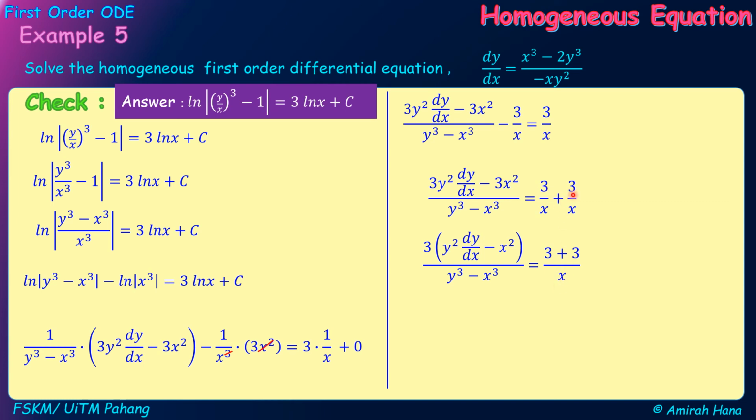So we get 3 plus 3 over x. After that, we have 3 times y squared dy over dx minus x squared over y cubed minus x cubed equals 3 plus 3 equals 6, and then over x here, right?